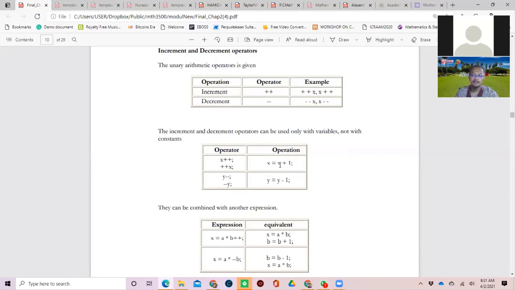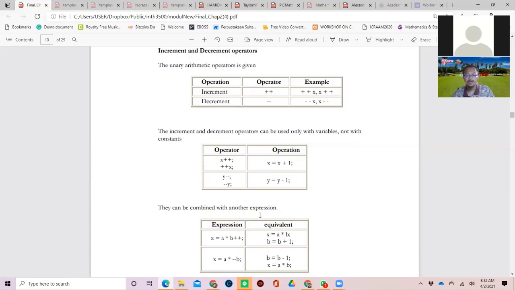The right is the old value, and the left is the new value. So x plus 1 means add 1 to the variable x, and then the result is assigned to the new x. Also for y minus minus and minus minus y, we just change the plus to minus. So y equals y minus 1, only 1.